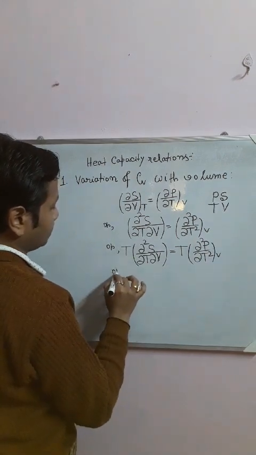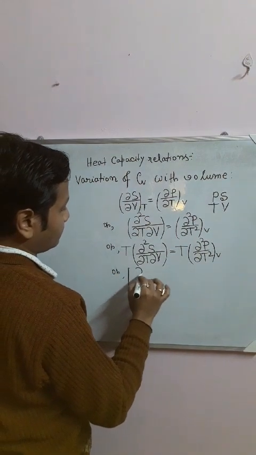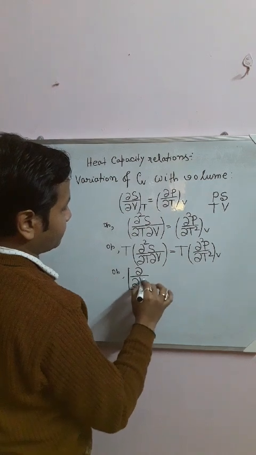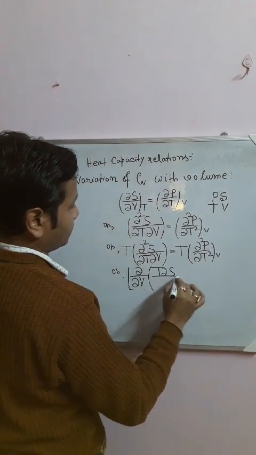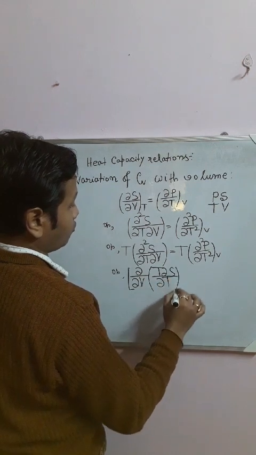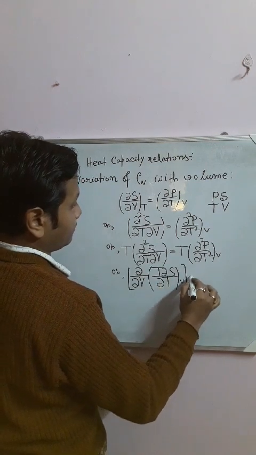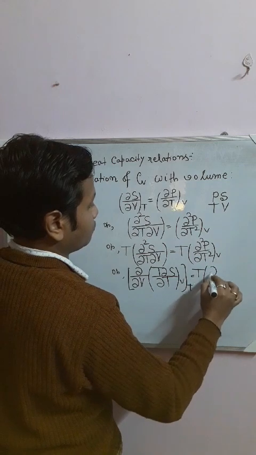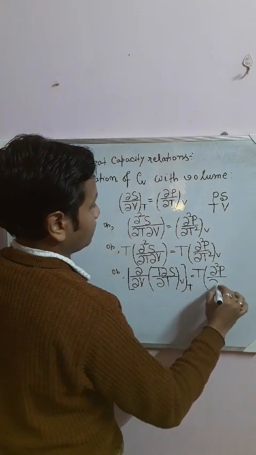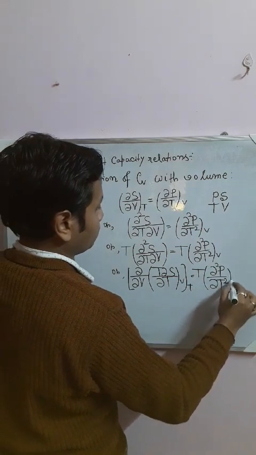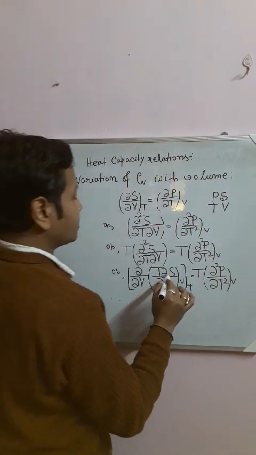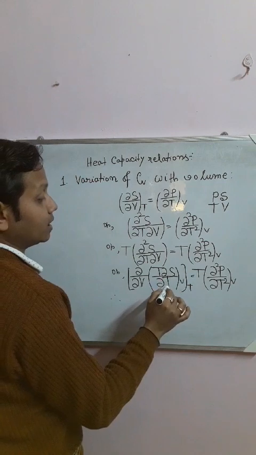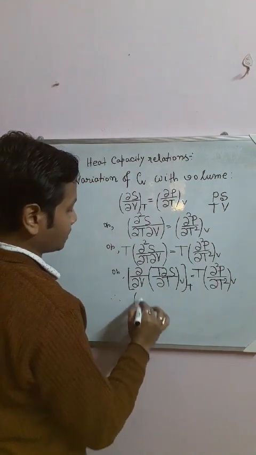So what can we write? This we can write as del V of T del S del T at constant volume, and this equals T into del 2P del T2 at constant volume. Now what is this? T del S means del Q del T at constant volume, which means CV.